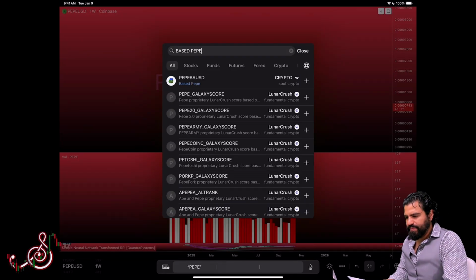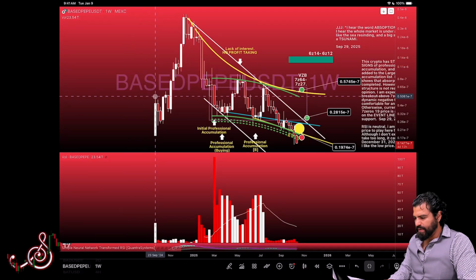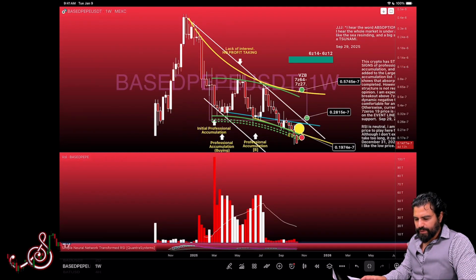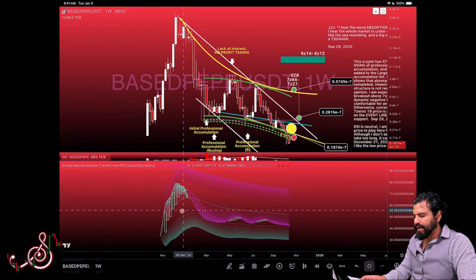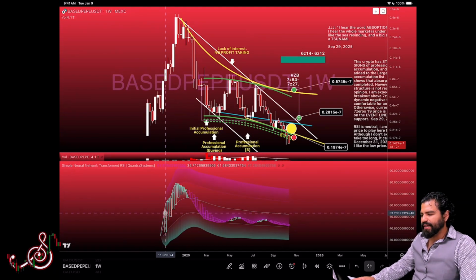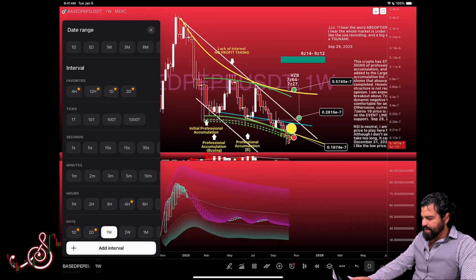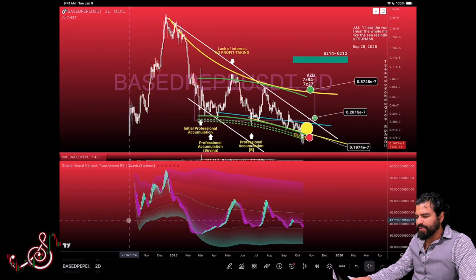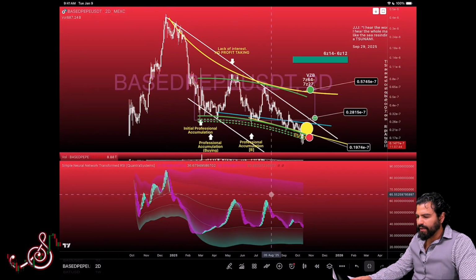Now... Okay, let me pull up the RSI and see what we've got. I don't have a corresponding bottom that I can use on the weekly chart or the 2-day chart. The tops are working.